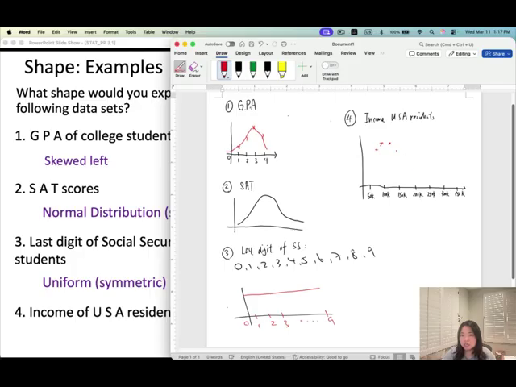But some people get really, really high pay, maybe a doctor or some CEO, but not that many people are getting 300K or 350K. So I would say the income for the United States will be skewed to the right, okay? Because the white tail is longer.